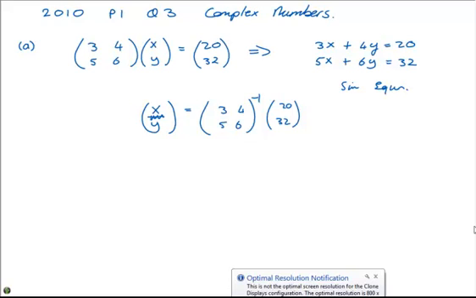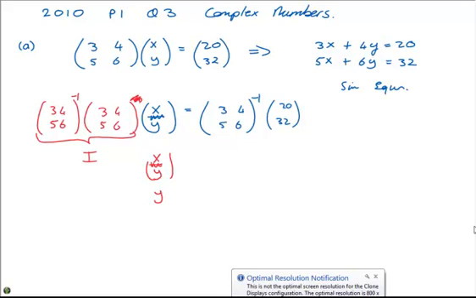So what's actually happening is those two cancel off to give the identity matrix times xy, and then xy equals, you'll have to multiply that out.